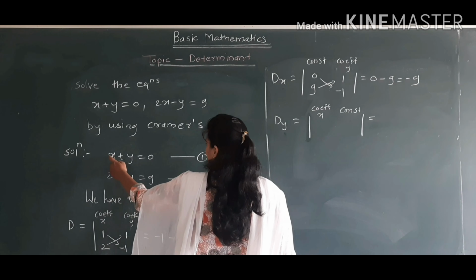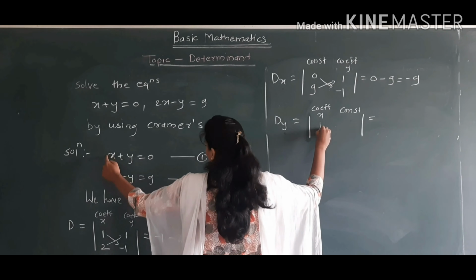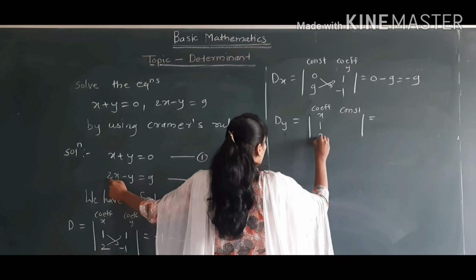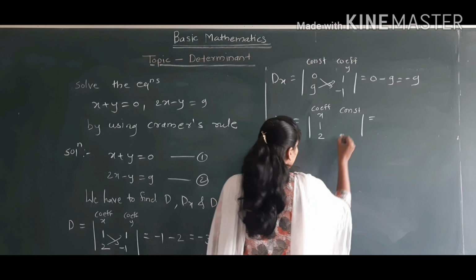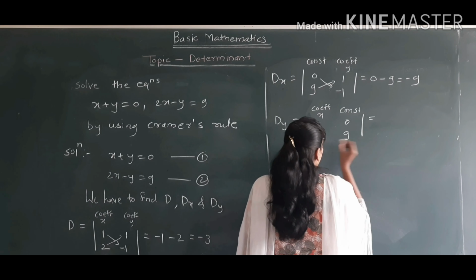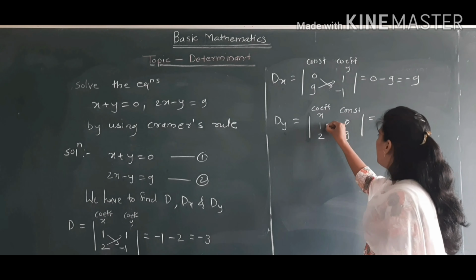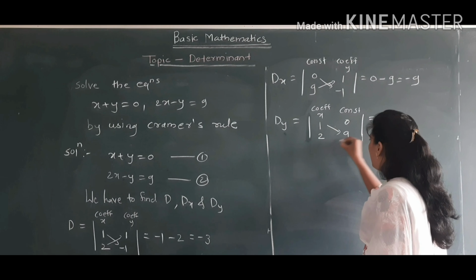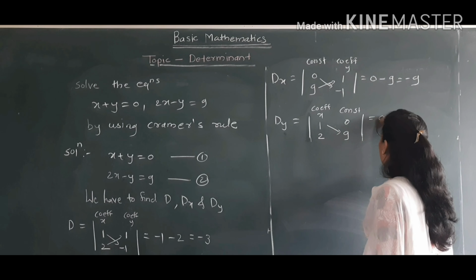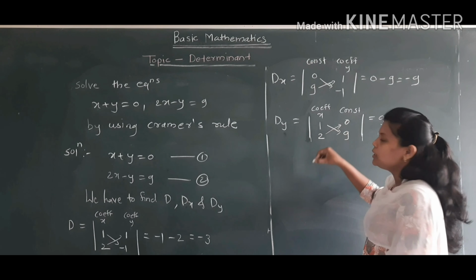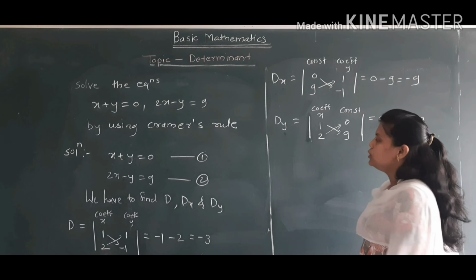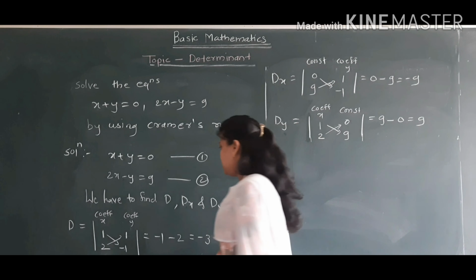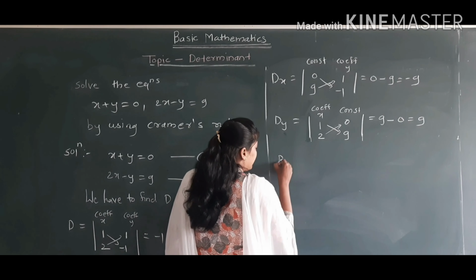In the first column the coefficient of x is 1 and 2, and in the second column the constant on the right side of the equation, that is 0 and 9. Solve the second order determinant. 1 into 9 is 9, minus 2 into 0 is 0. 9 minus 0, the answer is 9.